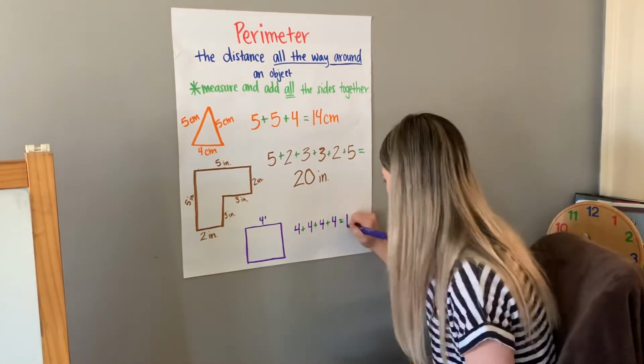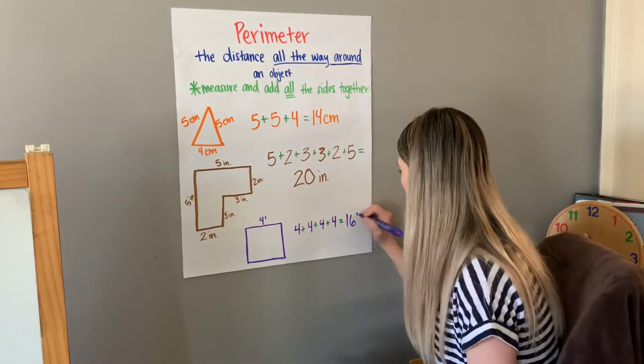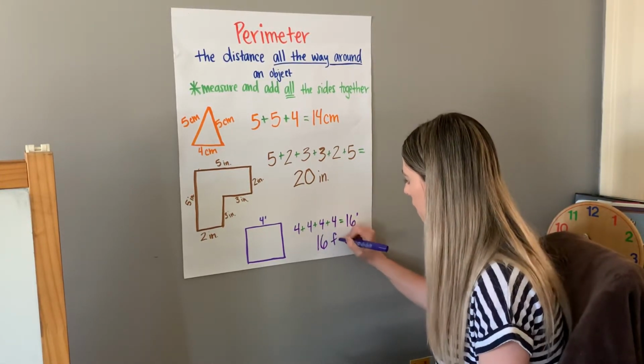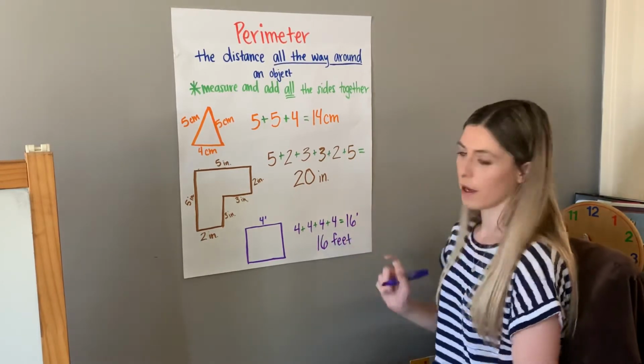So my answer is 16, and I put an apostrophe for feet, or I could write 16 feet. Either one is correct.